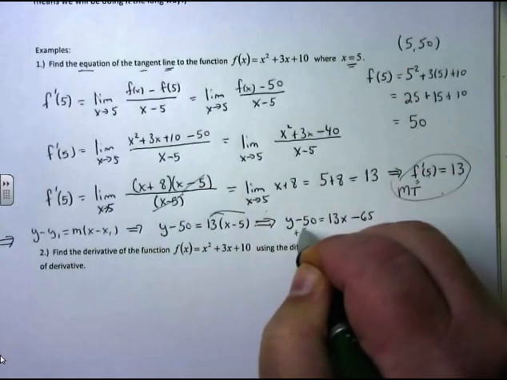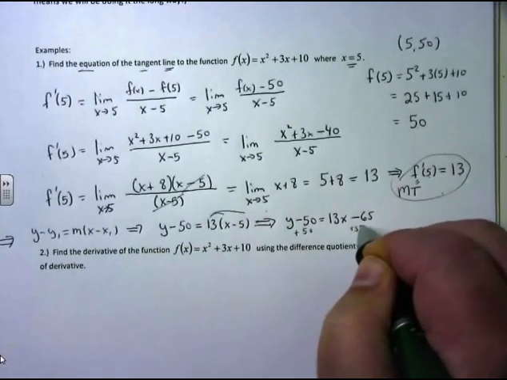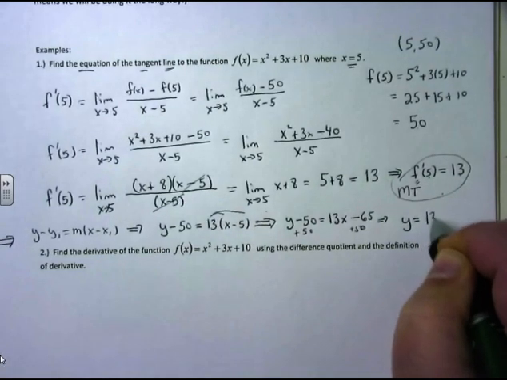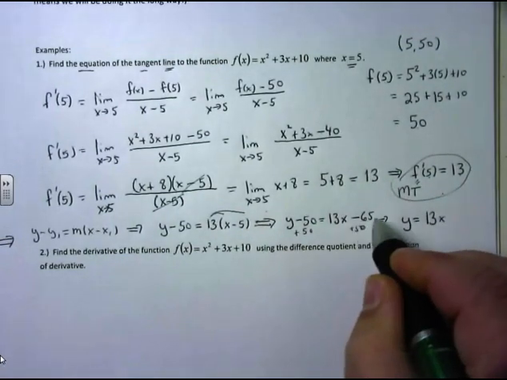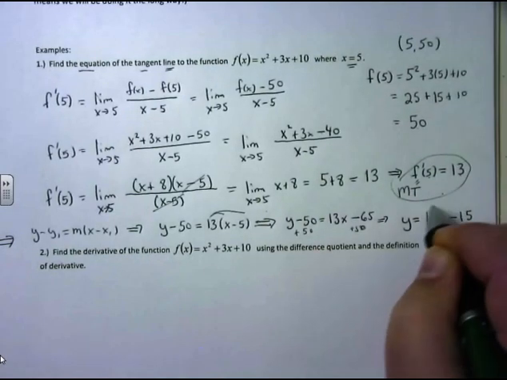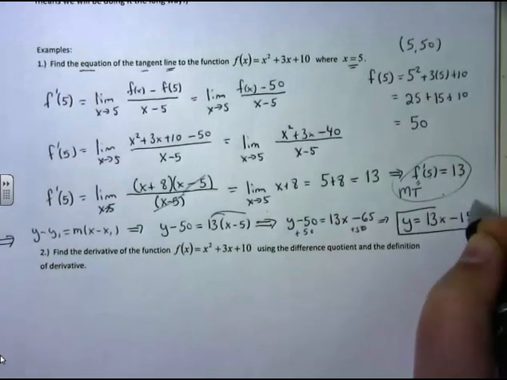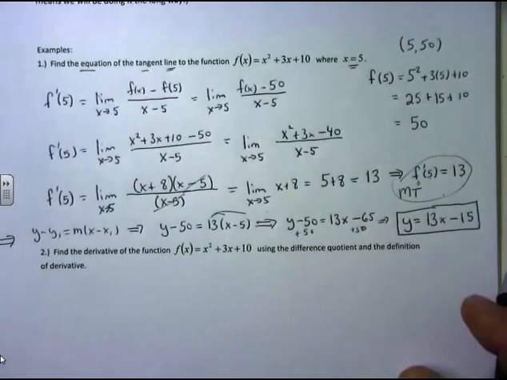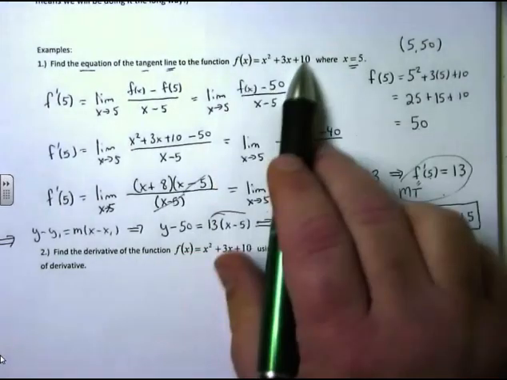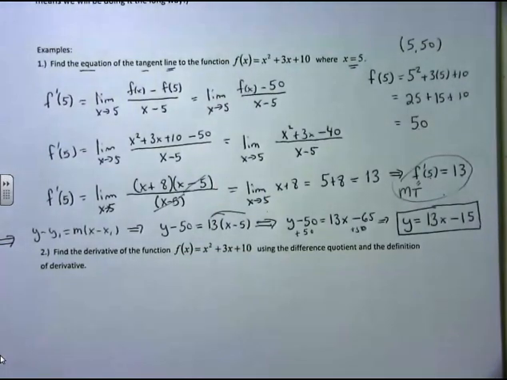Now I'm going to add 50 to both sides, solving for y. And this is going to give me y is equal to 13x, and negative 65 plus 50 is minus 15. And there is my equation of the tangent line at the point 5 of this particular function, x squared plus 3x plus 10.